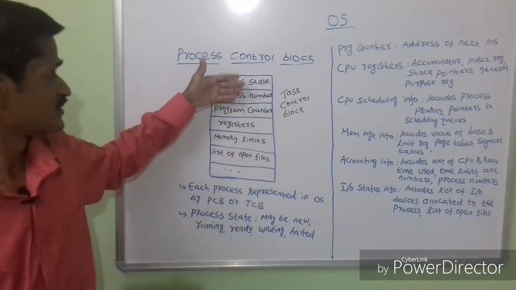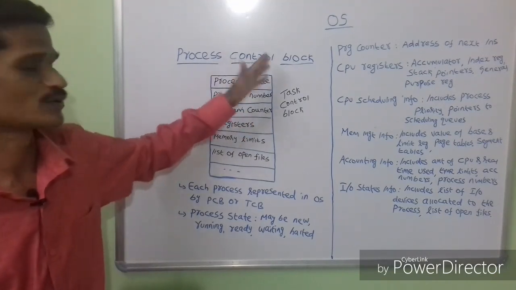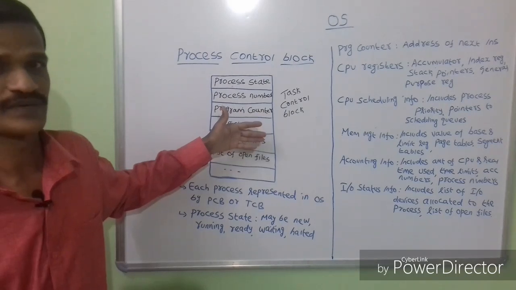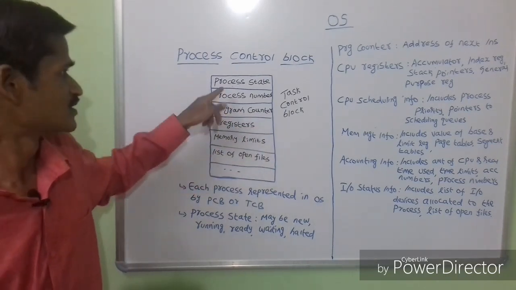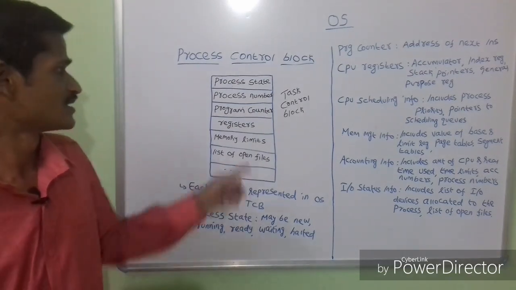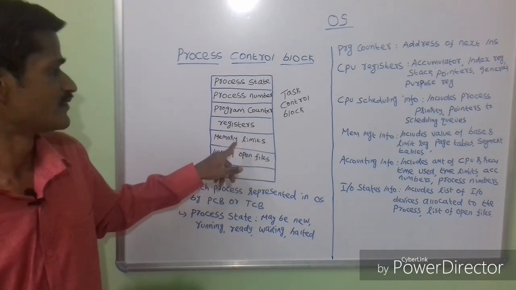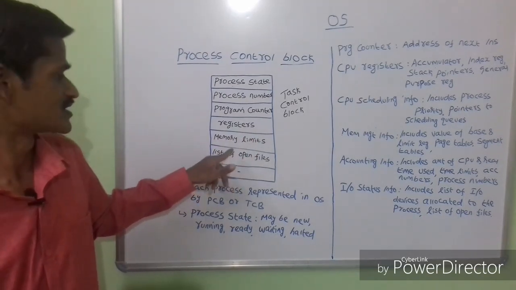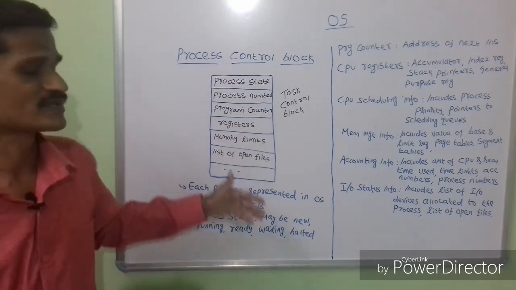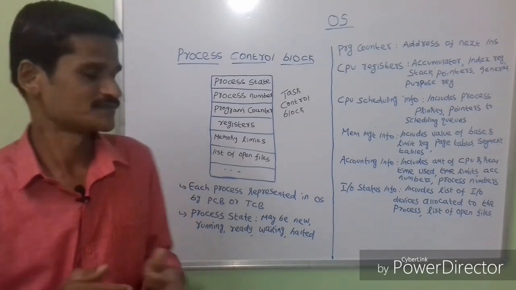So here I list out some important and common parameters of process control block. In this class we are going to see each and every parameter with a brief explanation. First is process state, second is process number, third is program counter, fourth is registers, fifth is memory limits, the sixth is list of open files, and so on.